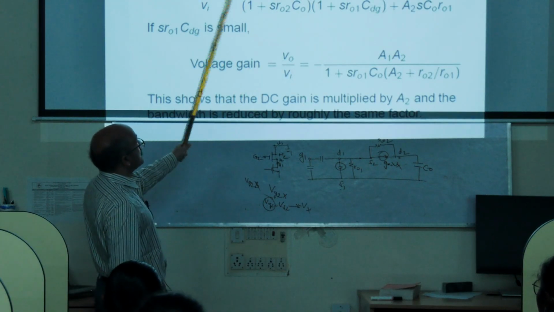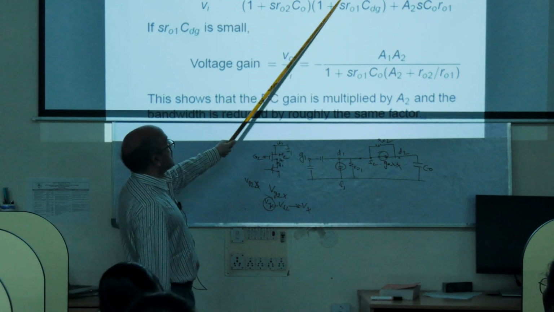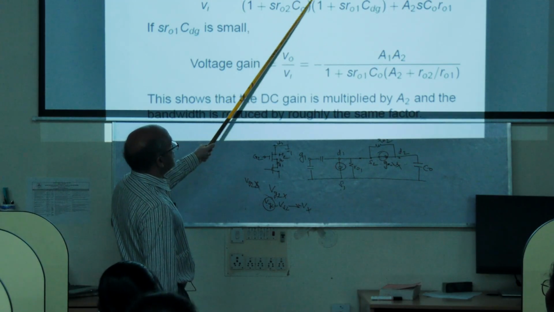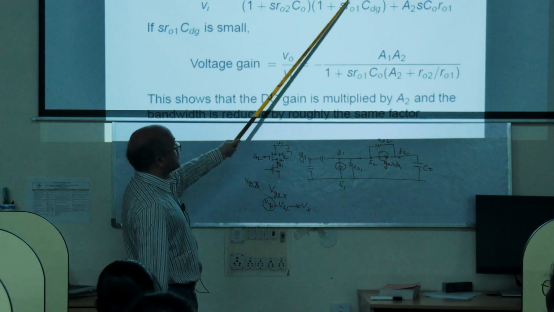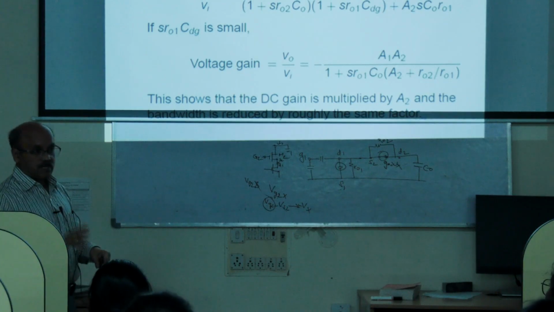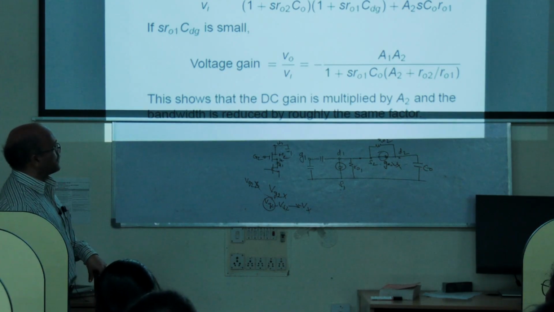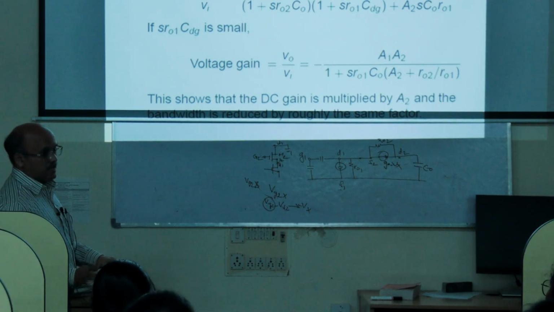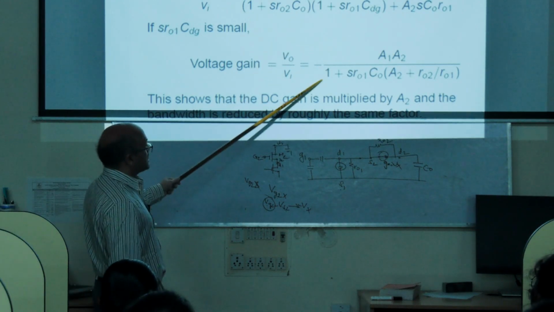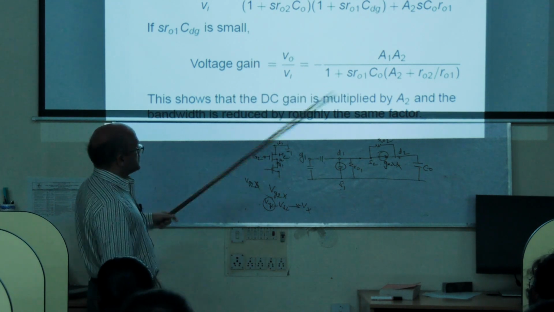This is the actual total transfer function, and if you assume that S R01 CDG is small as compared to A1, that is for the frequencies at which S R01 CDG is small, where omega is frequency and CDG is of the order of femtofarads, obviously, then for those frequencies I can safely ignore it. Then this is simply equal to A1 A2 by and so on.